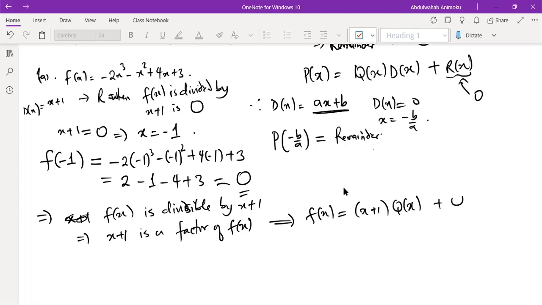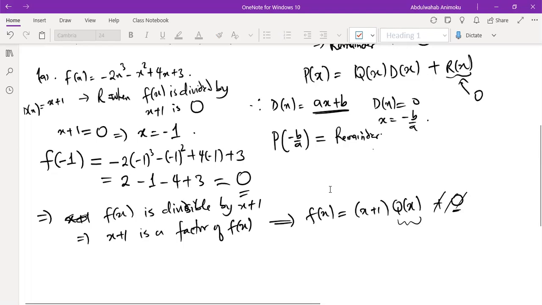Remember, the remainder must be 0, so we can just forget about that part. Once you do the long division, you can actually get what q of x is. So this is a simple way of figuring out the factors of a particular polynomial by looking for numbers that we can substitute into the polynomial that will give us 0 remainder.